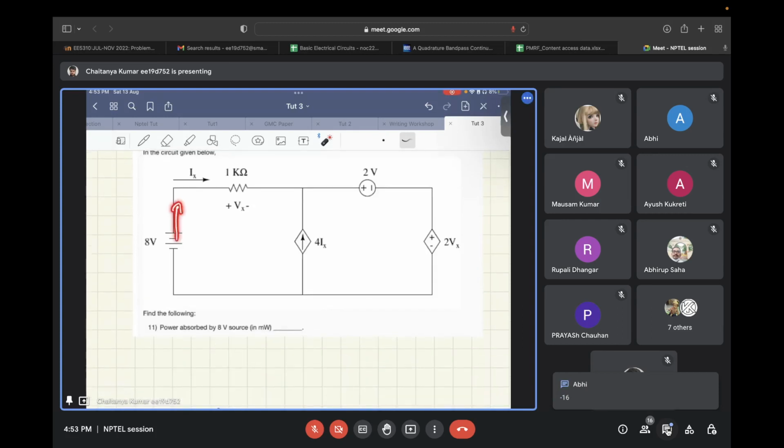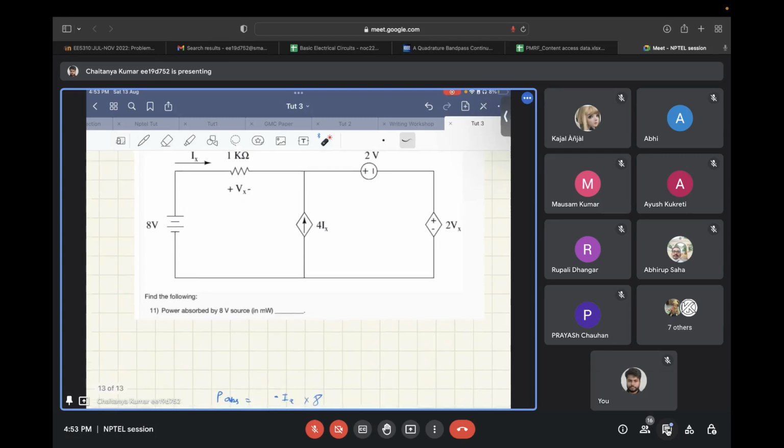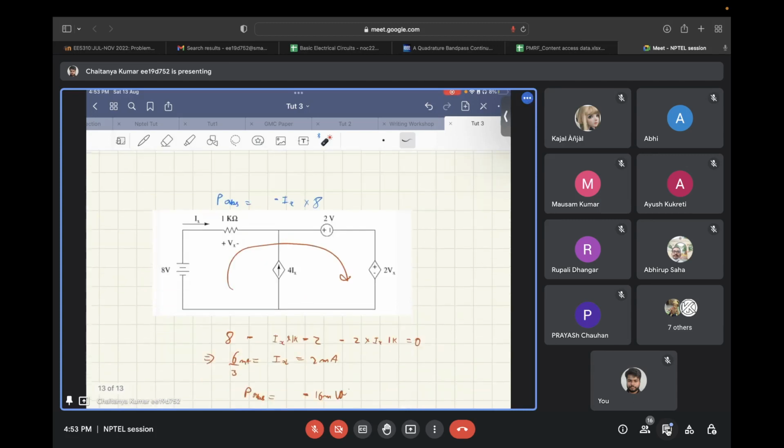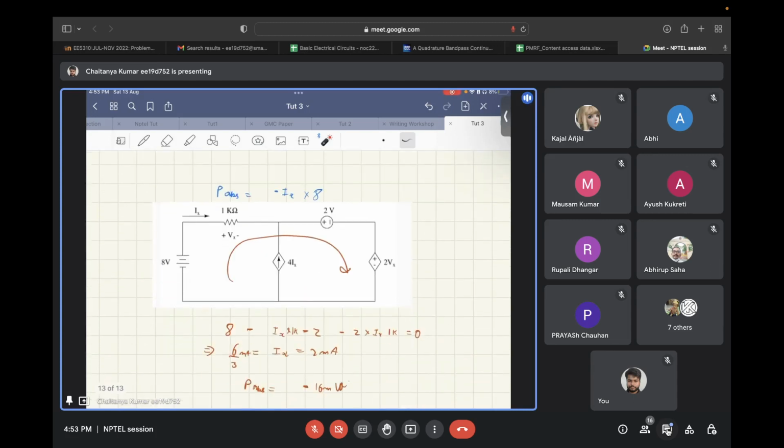Ix is coming out of the positive terminal of this voltage source. To calculate the power absorbed, you need to see the current that is flowing inside the positive terminal of this voltage source. For calculating this Ix, you can apply Kirchhoff's voltage law in this bigger loop.